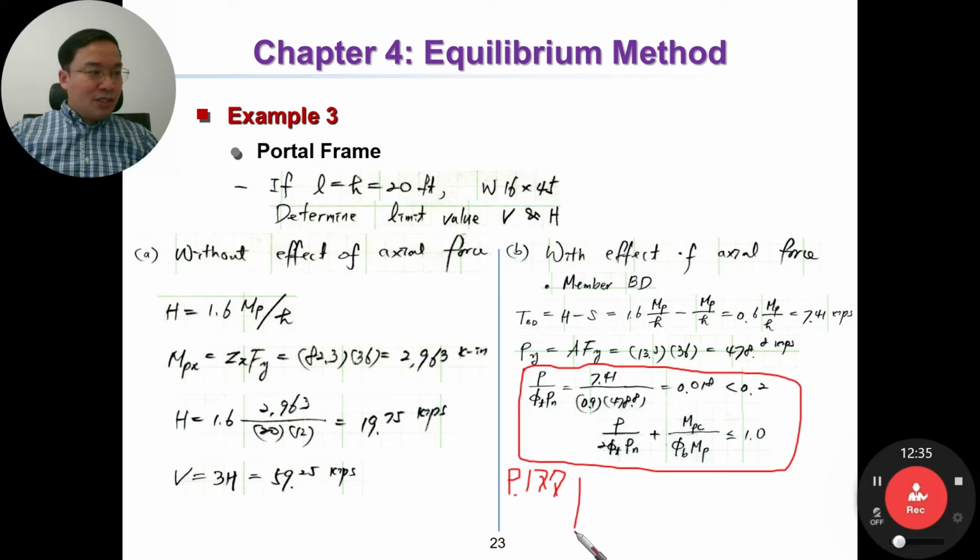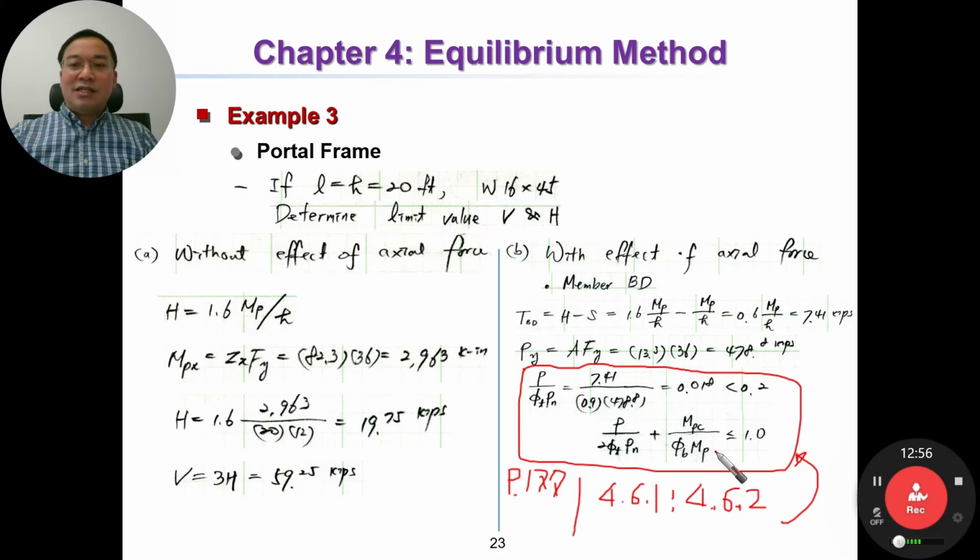Okay, page number 177. The equation 4.6.1 and the equation 4.6.2 in the textbook. Okay, in the textbook, and you understand why we use this equation.